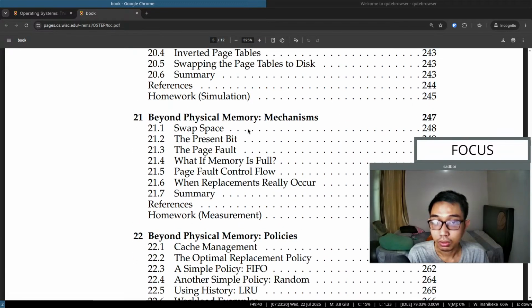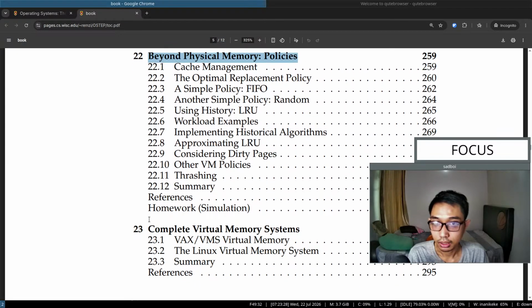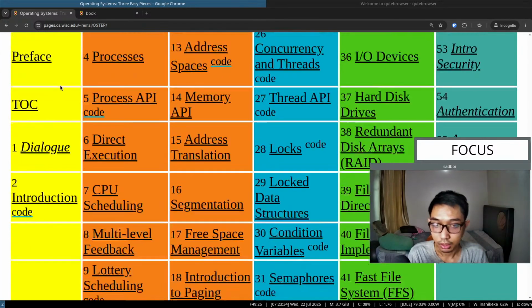We are still on chapter 22, Beyond Physical Memory: Policies, and still on the homework simulation here. Let's check that out.